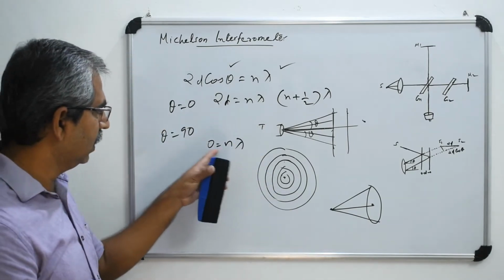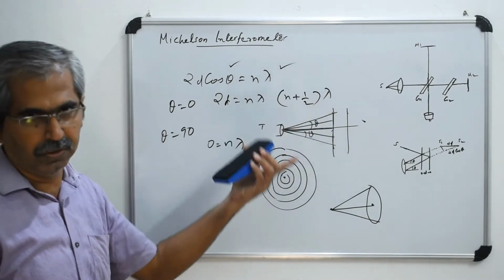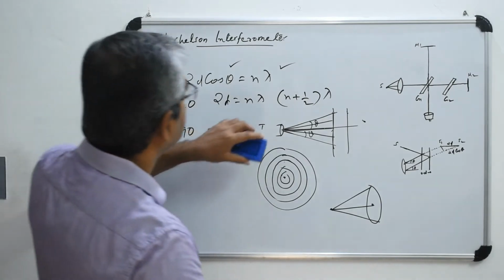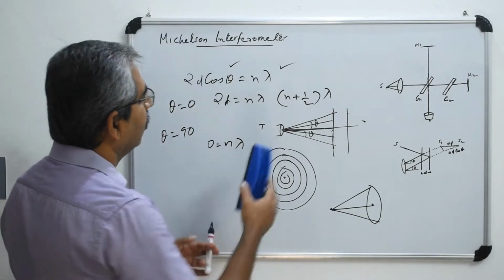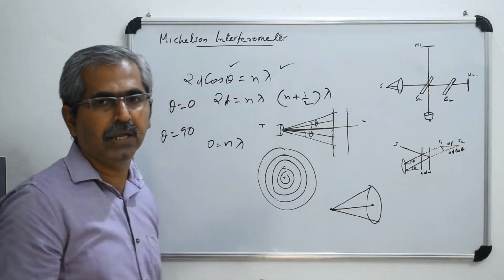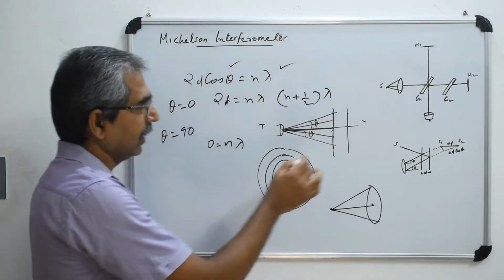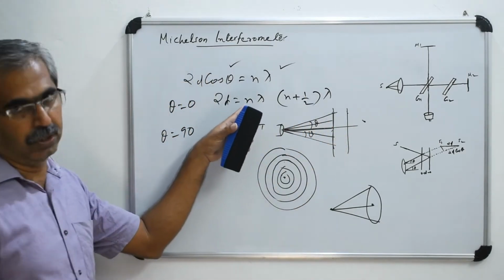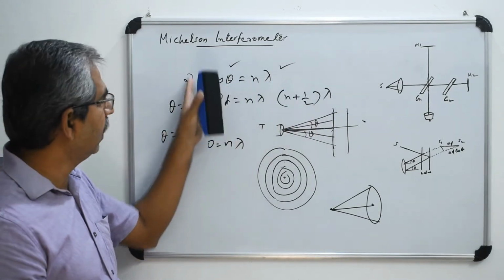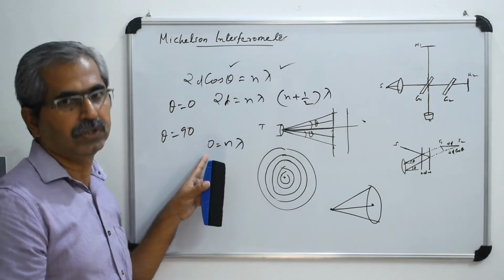That means n is equal to 0, because lambda has a certain given value. So what you are observing at the center will be the dark spot or dark ring having the maximum value of n, because as you move away, cos theta decreases, and eventually at 90 degrees you have n equal to 0.